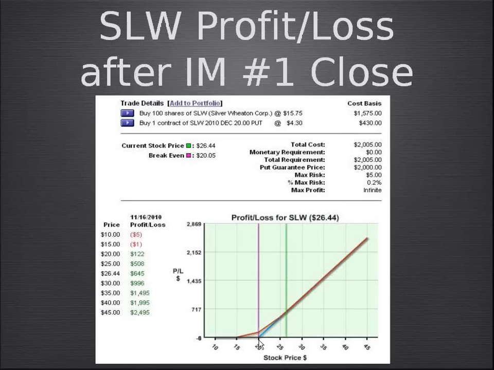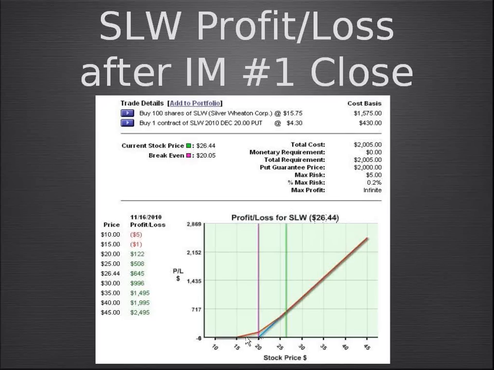After the call was closed, this is how our married put, our RPM, would have looked. We have a limited risk, and we have the unlimited potential upside still on the stock. And we're at August 21st now, and the stock's trading at about $21.01, $21.02. Now, this screenshot, of course, was taken when Silver Wheaton was up at $26.44.